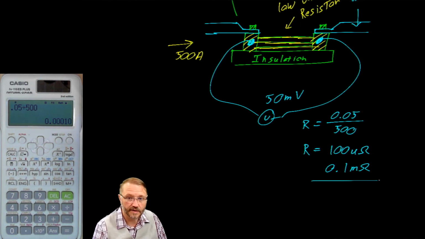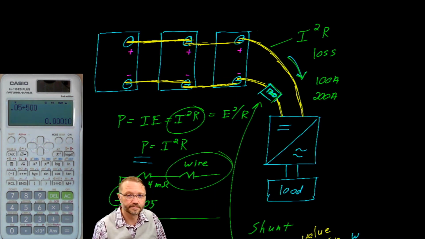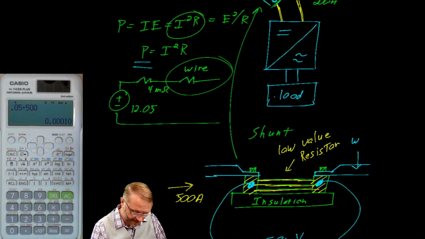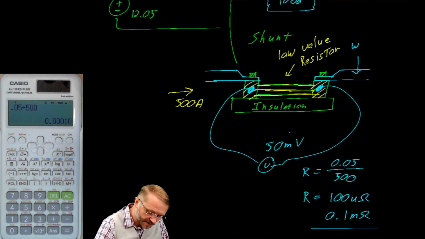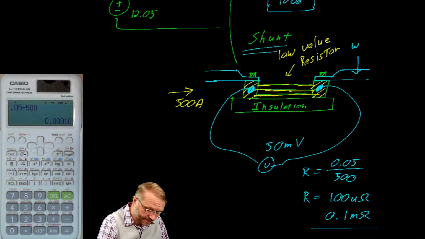So very low value resistor. That very low resistance shunt is placed right here in series with your system. And that provides you a way of measuring current without disturbing the actual circuit. Again, you measure current by the voltage drop across this shunt resistor.